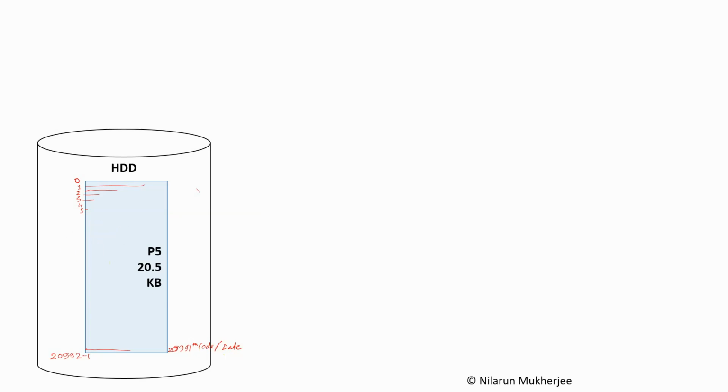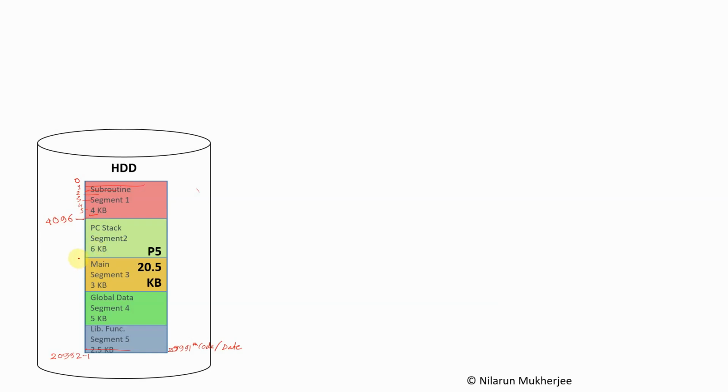So first what we do is logically divide the logical address space into segments. Suppose these are the segments. The first segment is of 4 KB, so it ends at 4096.